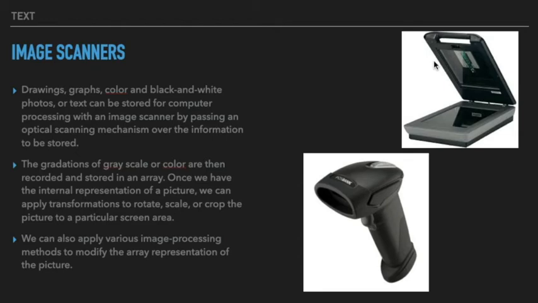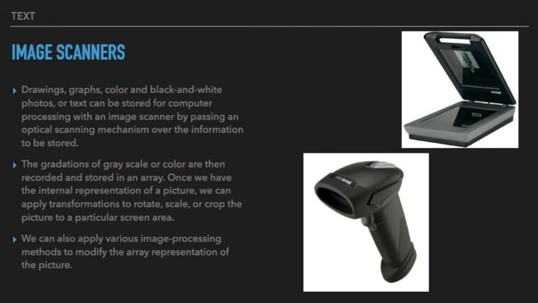stored. Okay. The gradations of grayscale or color are then recorded and stored in an array, and once we have the internal representation of a picture, we can apply transformations to rotate, scale or crop the picture to a particular screen area. So we can also apply various image processing methods to modify the array representation of the picture also.